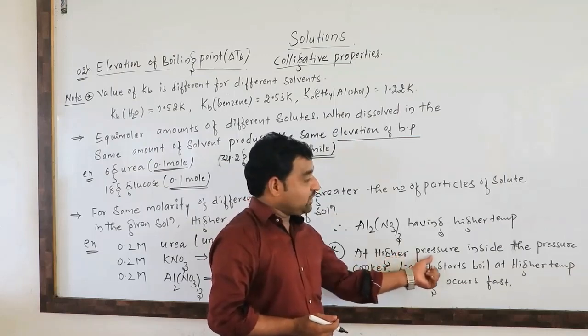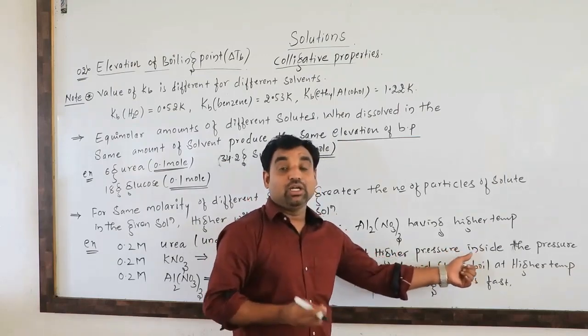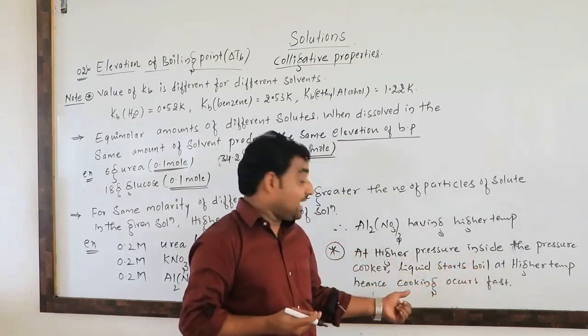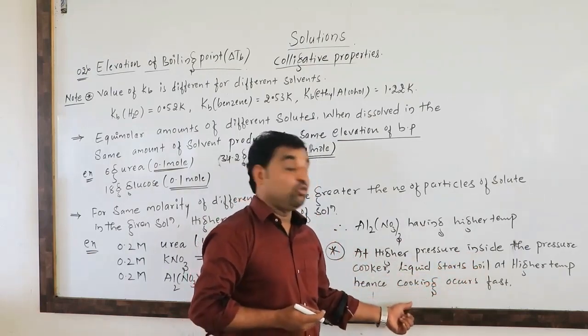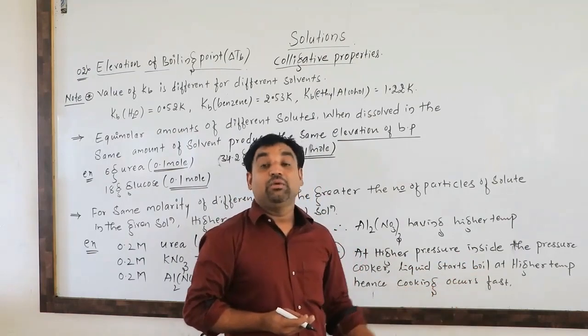At the higher pressure inside the pressure cooker, the liquid starts to boil at a higher temperature, hence the cooking is very fast in the pressure cooker.